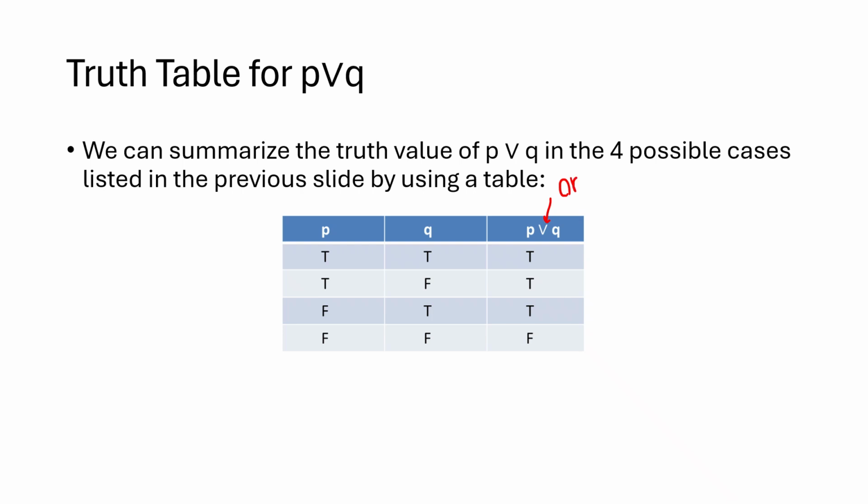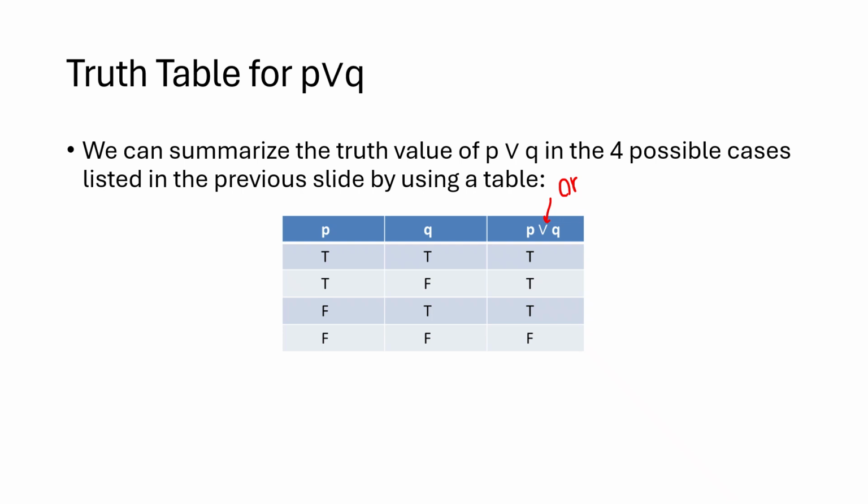Now, again, you don't need to know this. You don't need to know logic to be able to figure this out. If you think about the meaning of or in any language and how it combines 2 sentences, you can see that if you combine 2 sentences or 2 propositions with or, for that compound proposition to be true, it's enough that at least one of your 2 sentences is true.